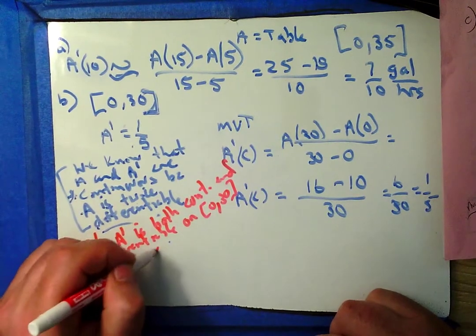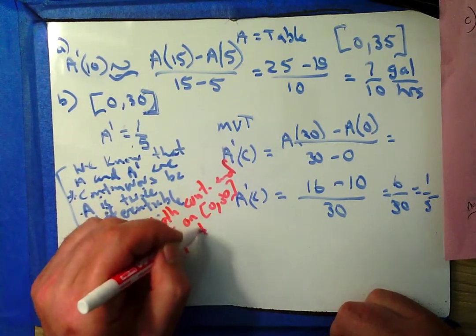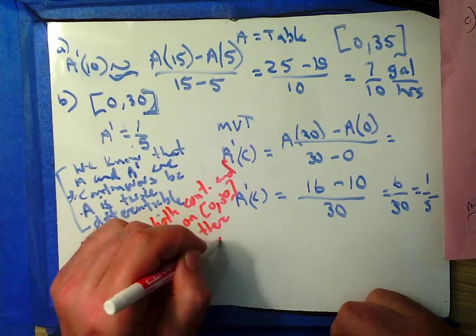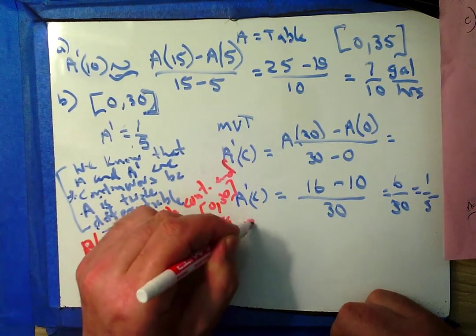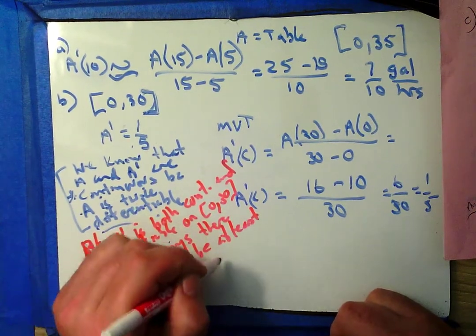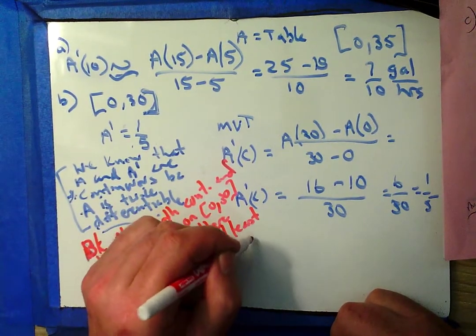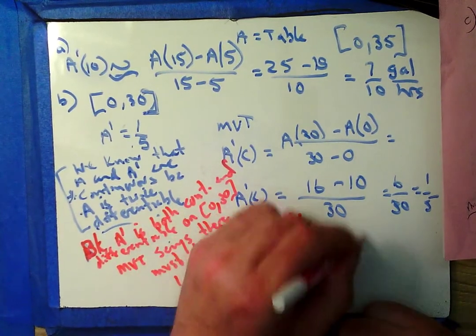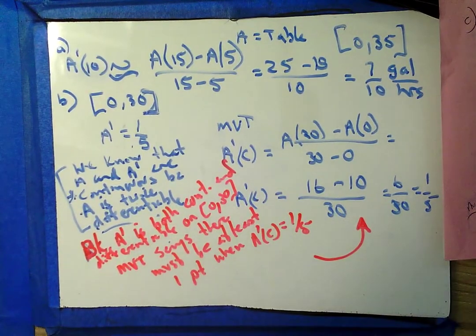MVT says there must be at least one point where A prime equals 1/5. See my work here. Okay, so there's my answer to part B.